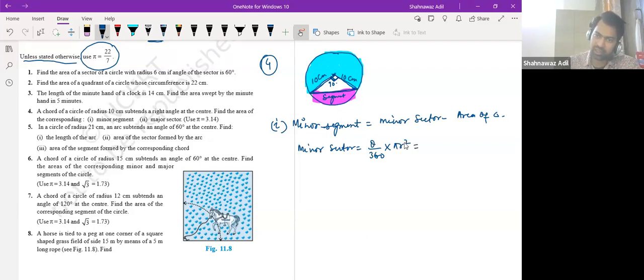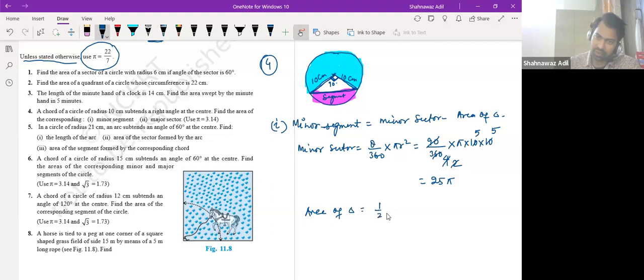So theta is 90 by 360 times pi times 10 square. So 4, then this is 2, this is 5, so 25 pi.